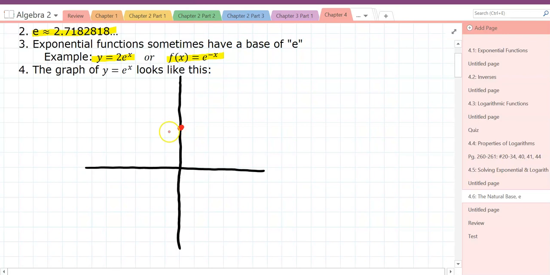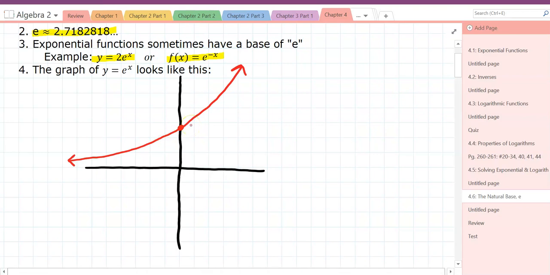And so my graph is going to just kind of gradually go through, and it's going to be an exponential function that looks something like this. Now remember, as it goes towards the left, it's going to continue to try to go as close as it possibly can to that x-axis without actually ever crossing it. And this one would be going up.